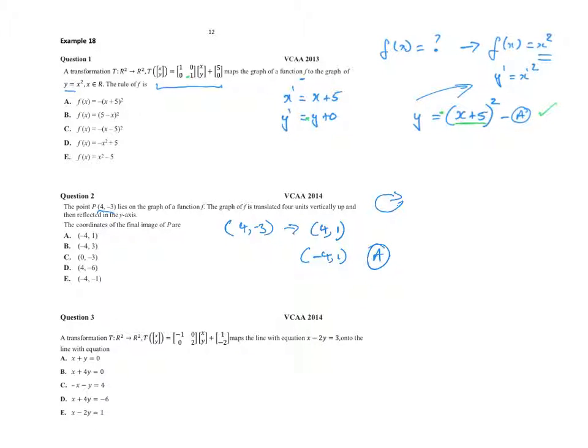Okay, not so bad. What about the next one? A transformation given by that maps a line with the equation onto, so this one's sort of applying in the order that we expect. So my new x point is given by negative x plus 1. My new y point is given by 2y minus 2. If I rearrange those, I'm going to have positive x equals 1 minus x dashed.